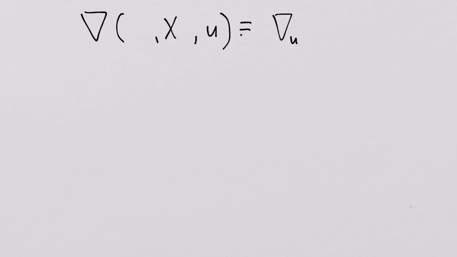So they take this object, which has its 3 slots, and we just learned how it works when you put something in every slot. But if we left the first slot empty, and we just put in the vector field and the vector u, well, what would come out of that is this object, right? That's what would pop out.